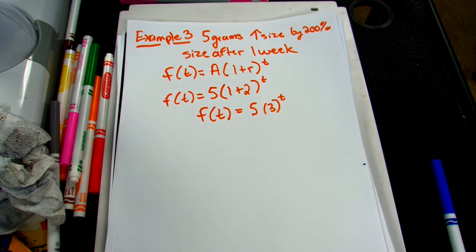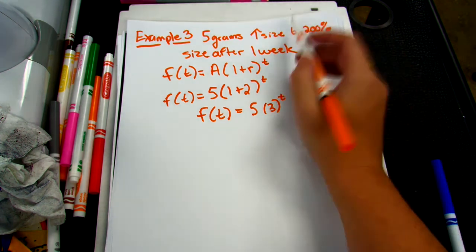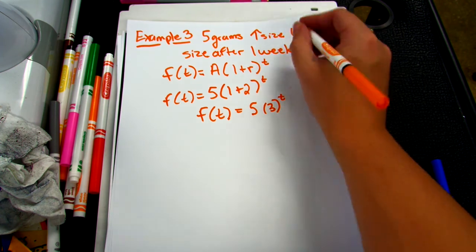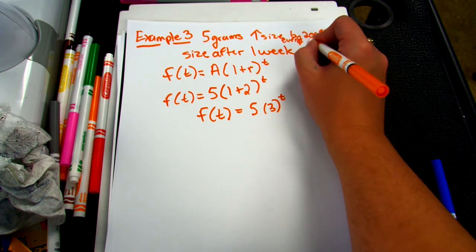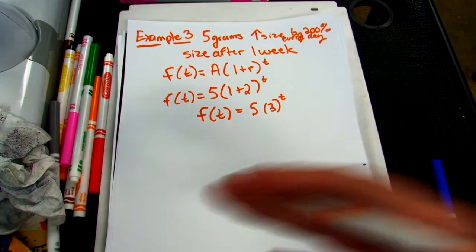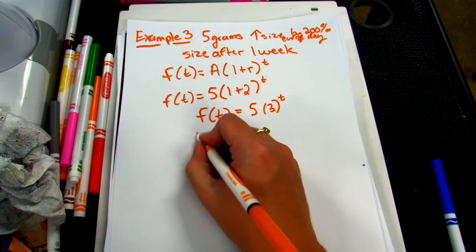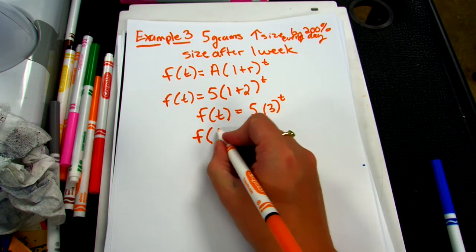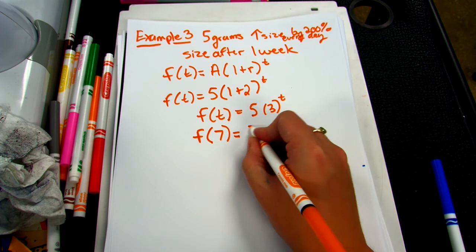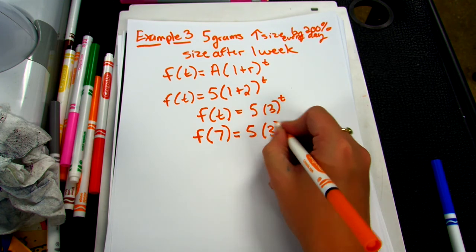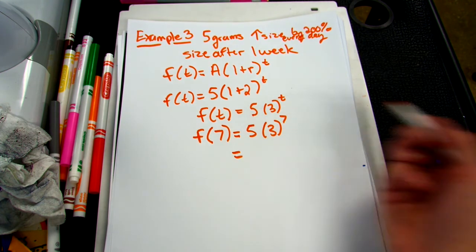So if we want to know what the size is after 1 week, remember it's increasing in size by 200% every day. So how many days are in a week? 7. So that means we need to evaluate for t equals 7. So we'll have 5 times 3 to the 7th power.